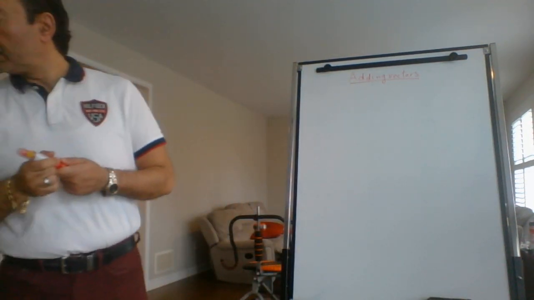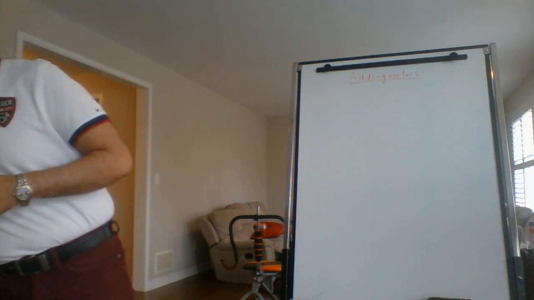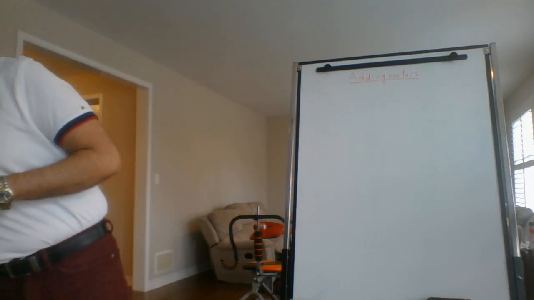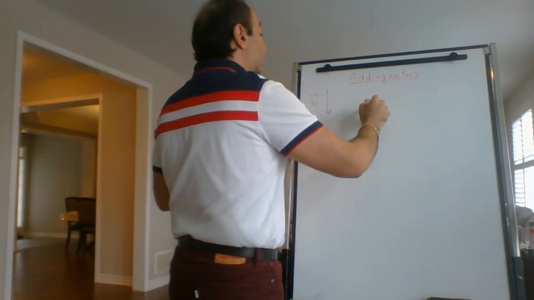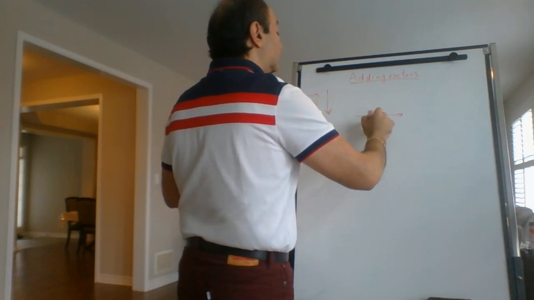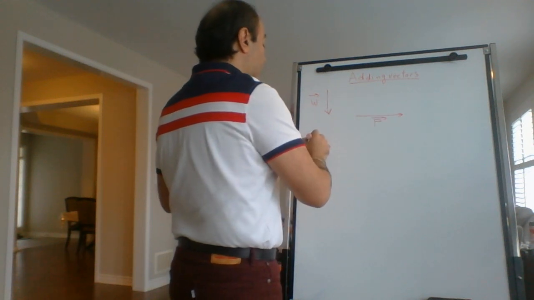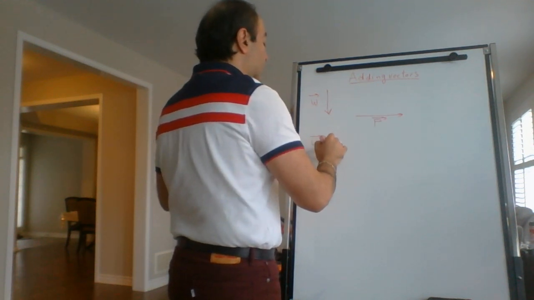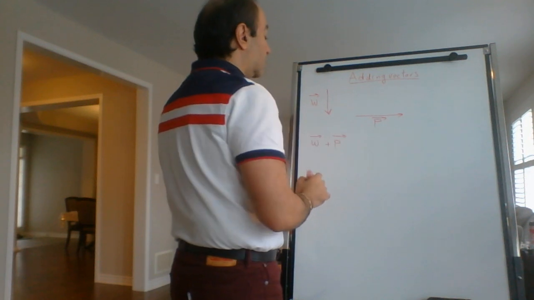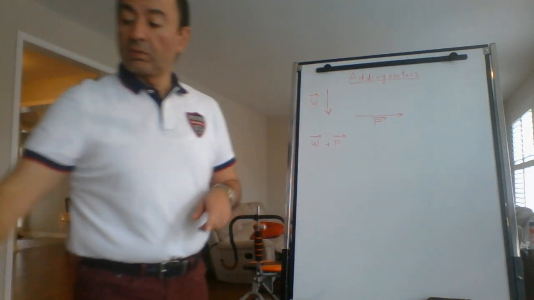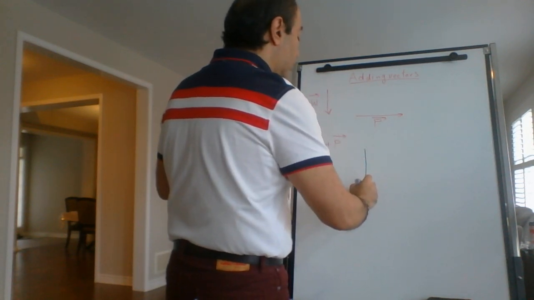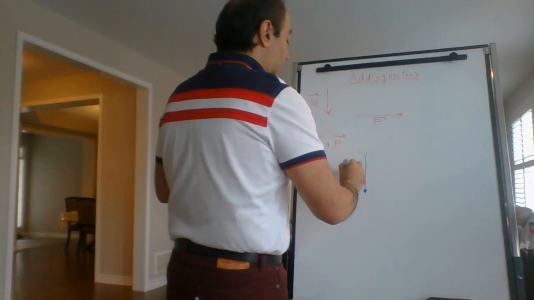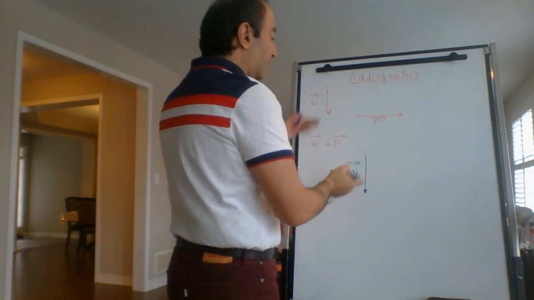Okay, so let us have some examples. Let's say we have vector W and vector P. We need to find vector W plus P. So what we're going to do, we are going to draw vector W. We said that parallel vectors with the same magnitude are the same, so I can draw a parallel vector to vector W with the same length.